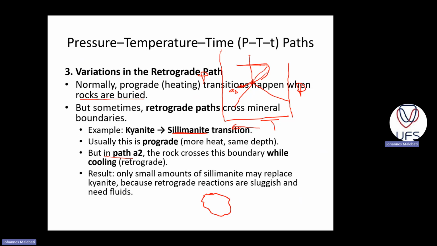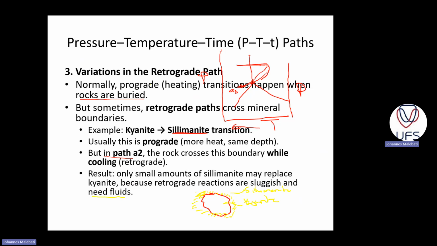you'll find the sillimanite replacing it like this. You'll find sillimanite replacing the rims, and then the core will be the kyanite. That's why we're saying only small amounts of sillimanite may replace kyanite, because the retrograde reactions are sluggish and need fluids.